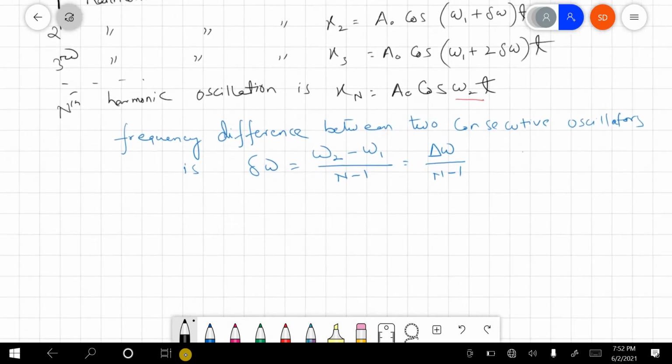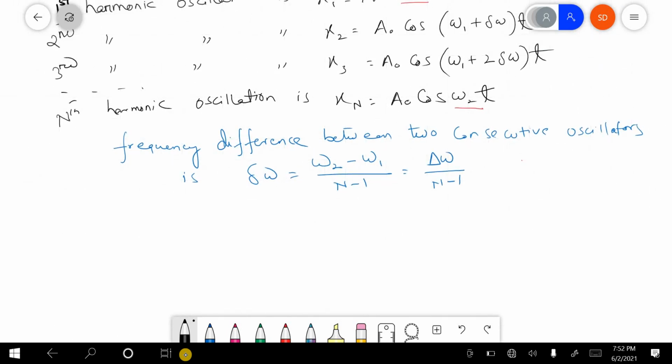Now what will happen upon superposition? After superposition, what will you get? X will be equal to x1 plus x2 plus like this plus xn.